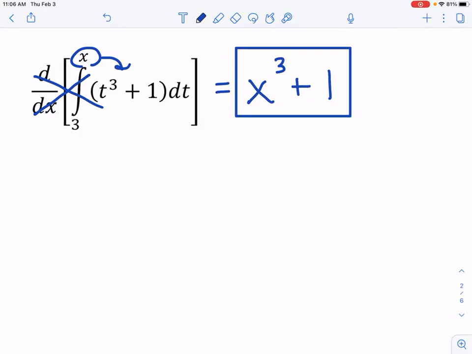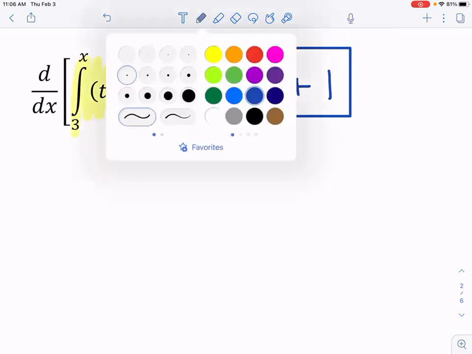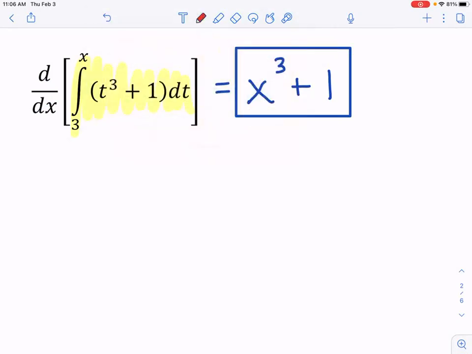Do you want me to show you the long way just so you understand? Yes. Okay. I'm going to do the long way, but if you want to ignore me, just don't make a fuss. Okay. So if I do this right here, our antiderivative is 1/4 t to the 4th plus t evaluated from 3 to x.